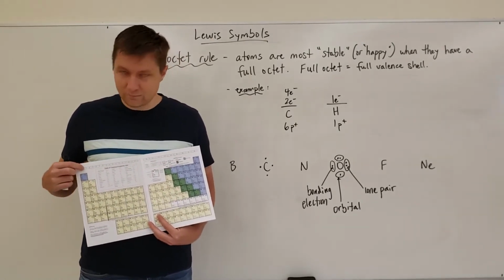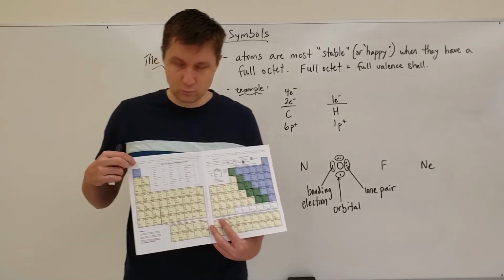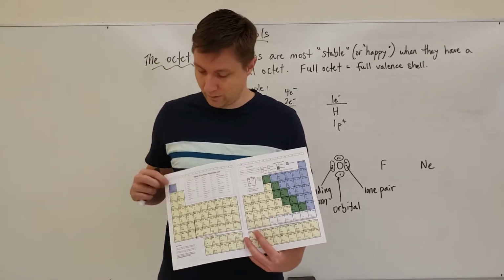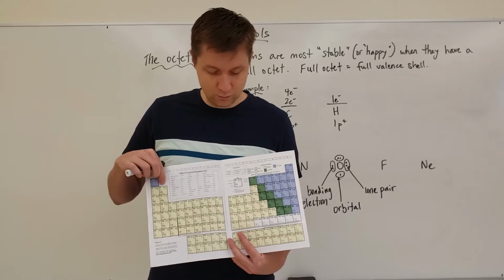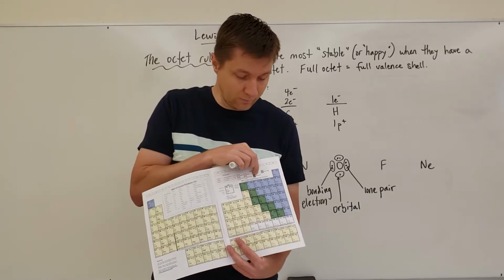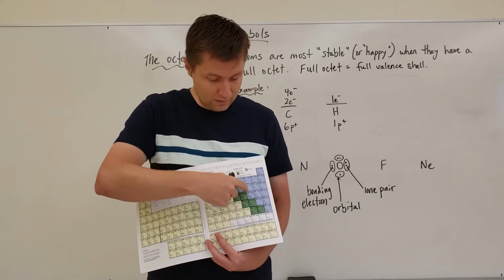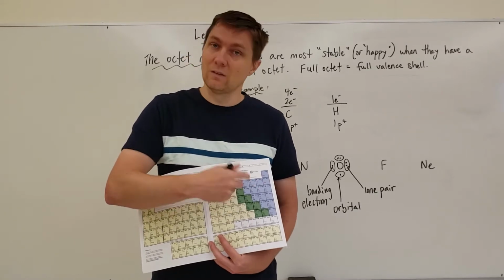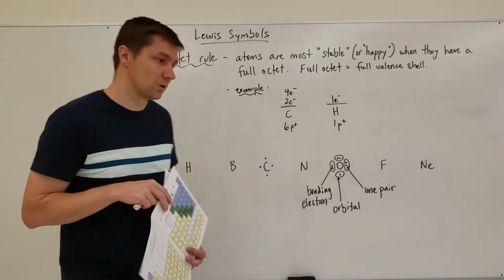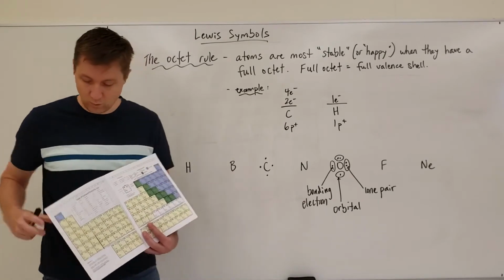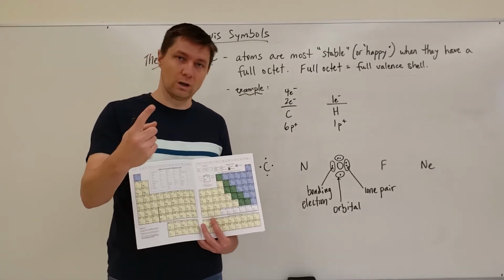On the periodic table, the taller part is group A: group 1, 2, 3, 4, 5, 6, 7, 8. If an element is in group 6, it has 6 valence electrons. Hydrogen is in group 1, so it has 1 valence electron.